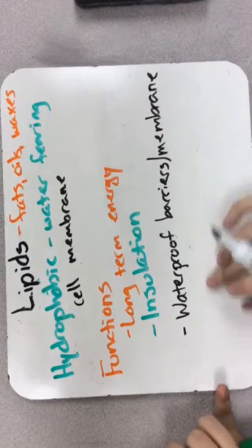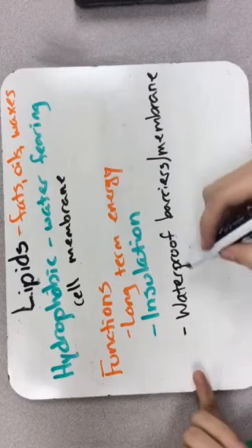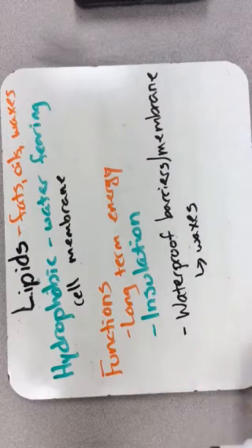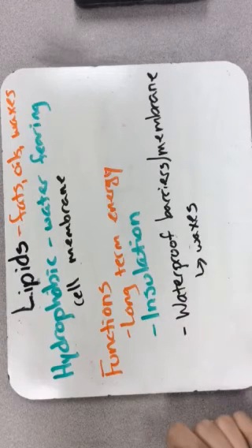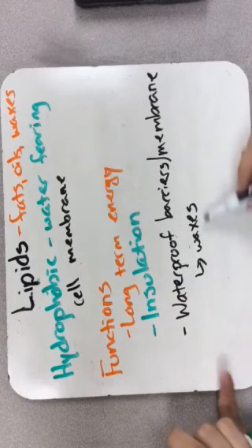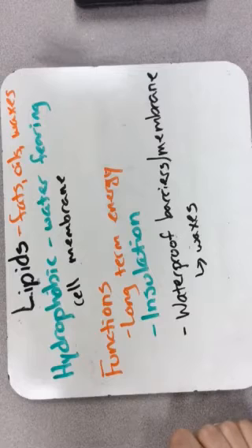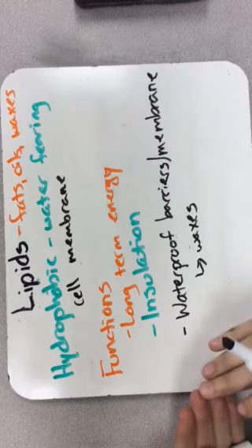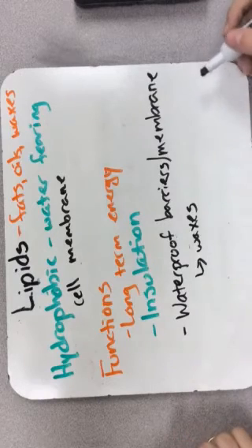But a really cool thing about this waterproof barrier, think about waxes. Okay, if you get water on a candle, it'll probably just drip down. There's a really cool thing about some plants, particularly in the desert, that have on their surface a waxy coat, particularly the surface of a leaf.